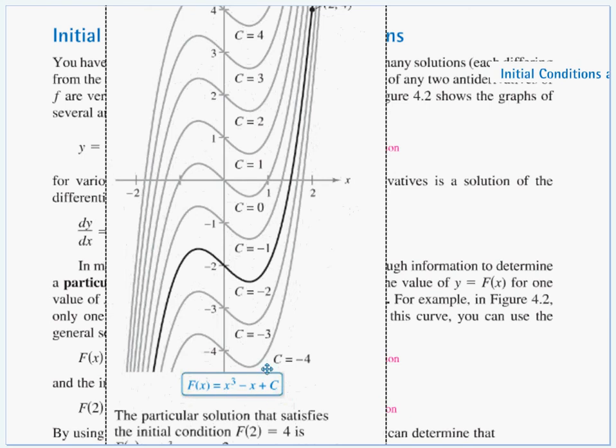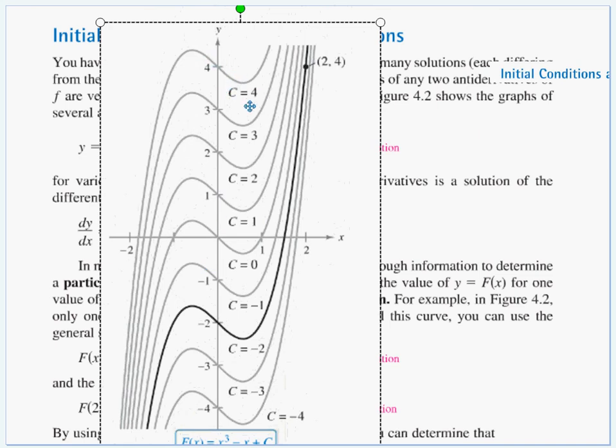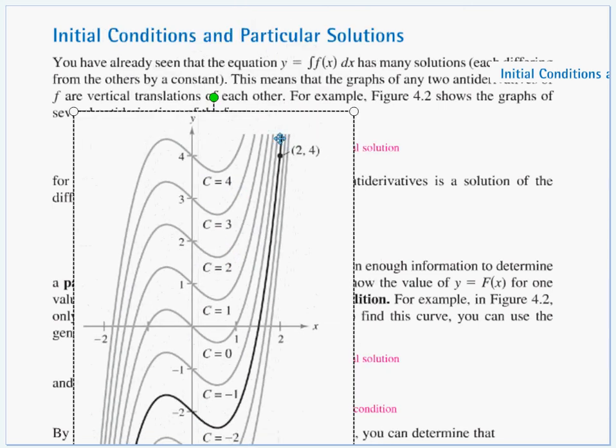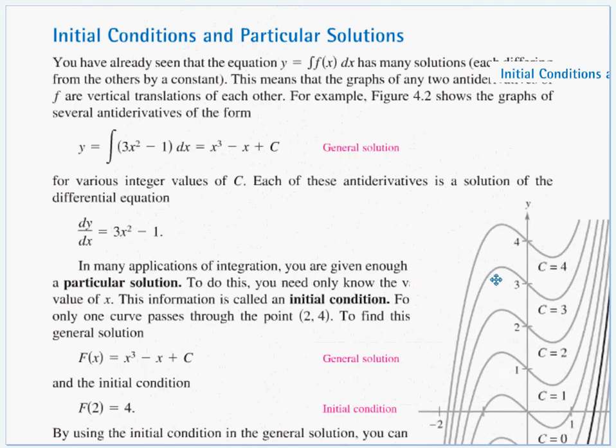For different constants, we'll have different y-intercepts. So here are all our different functions. If our constant is 4, we would use this top one. If our constant is 3, it would be this one. So in the setup to these problems, you will find the general solution, the antiderivative with the plus c, and then they're going to give you a point. That point we will use to solve for the specific c that we're looking for.